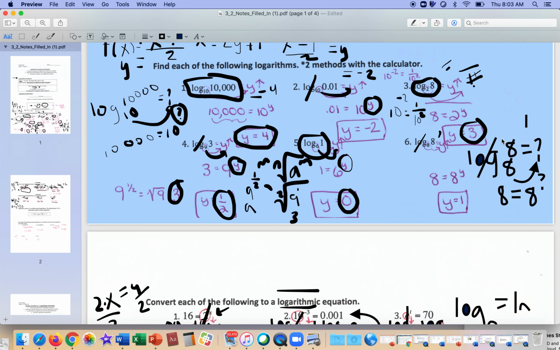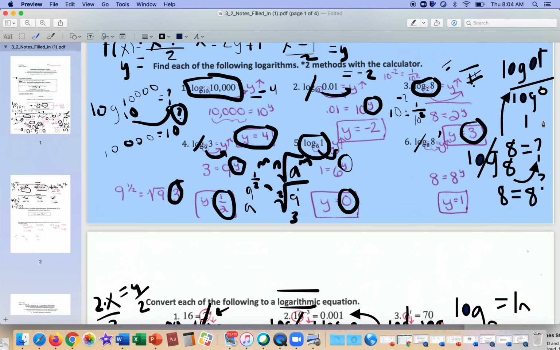So if you look at this problem, in your calculator, I like to write it as log of the number over log of the base.